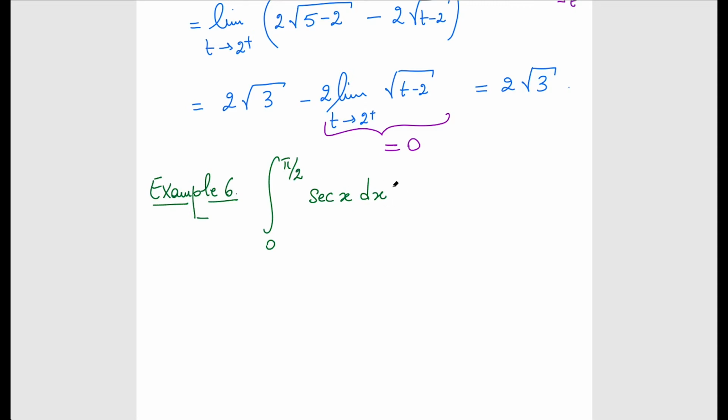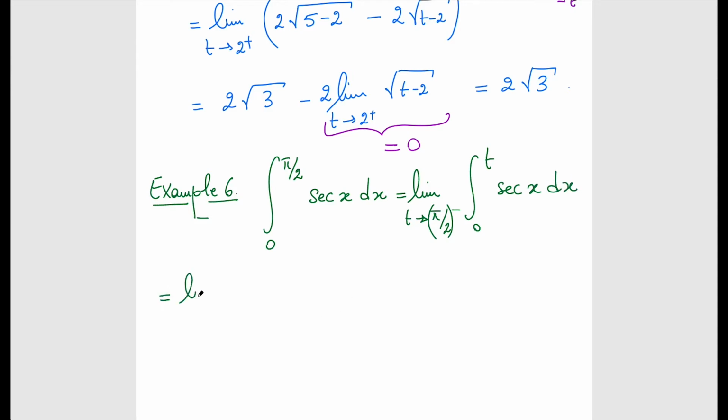It has an infinite discontinuity, to be more precise. And this is equal to, by the previous definition, part A of the definition, the limit as t goes to pi over 2 from the left of the integral from 0 to t of sec x dx.